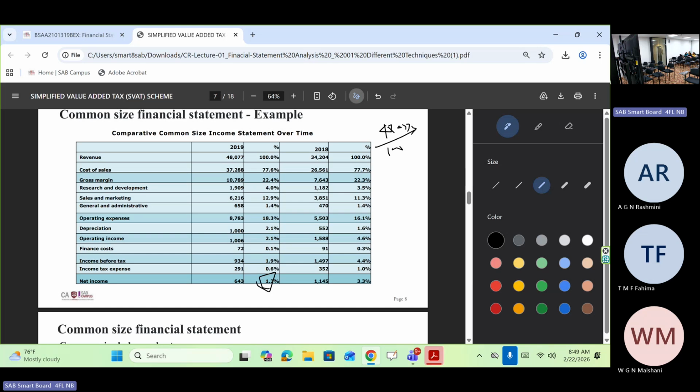Okay. 1.3. 1.3. That's how we have to convert that to a normal number.